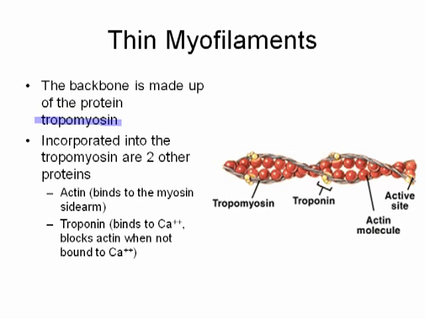When tropomyosin is in the resting state, muscle contraction is not going to occur. And so you can see right here in this picture, that rope-looking structure, that is the tropomyosin. Now, circling around tropomyosin is another protein. And that protein is called troponin.